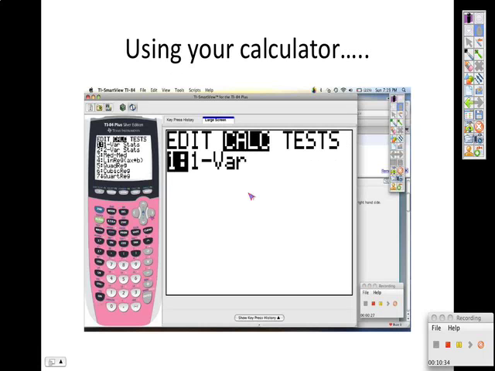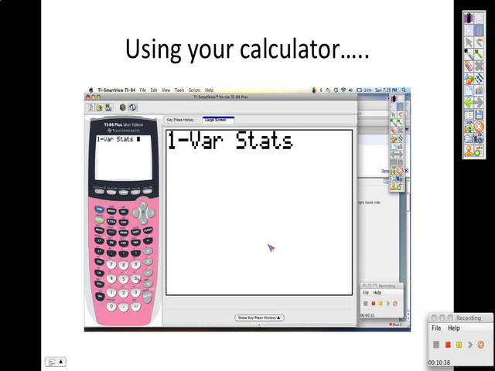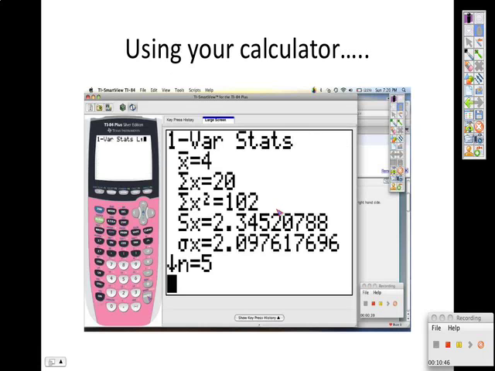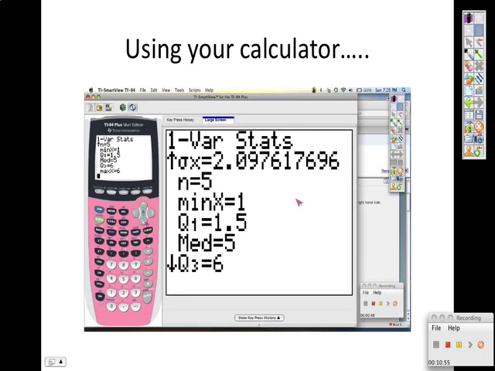I'm going to go over to calc, and I'm going to select one variable stats, and I'm going to tell the calculator to select the data from list 1. And I'm going to push enter. X bar, the mean, sigma x is the standard deviation, and if I scroll down, I can see the 5-number summary.